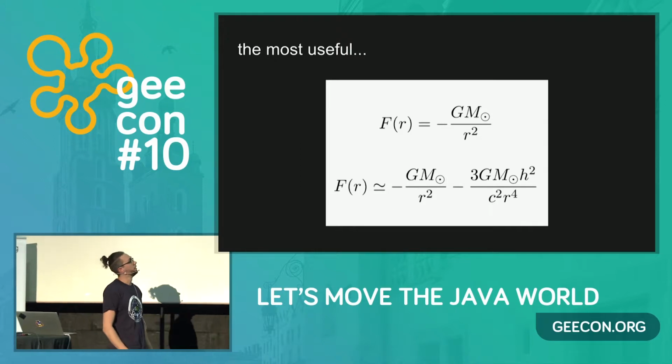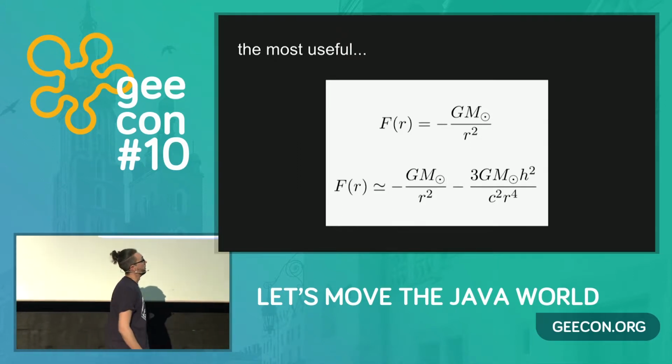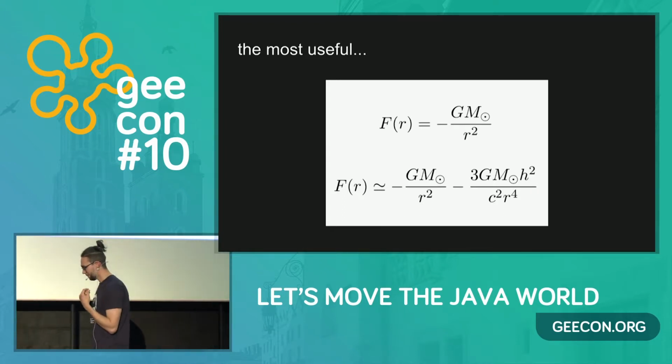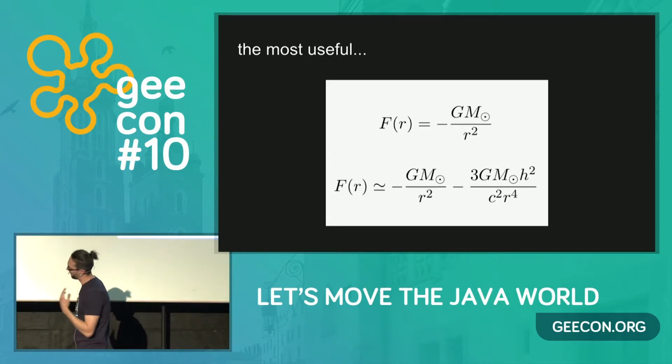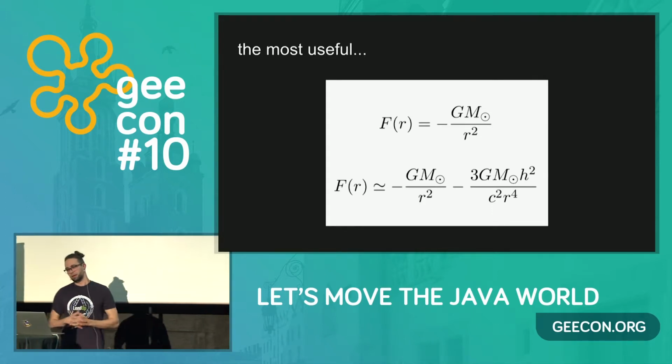And the other one is where we have the well-known Newtonian gravity at the top, and, what do you call it? Relativity theory, the adjusted gravity equation.